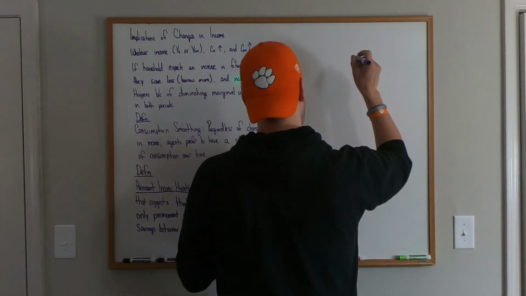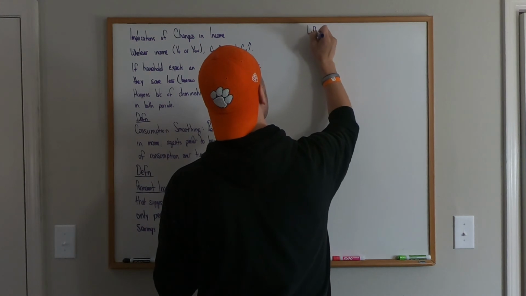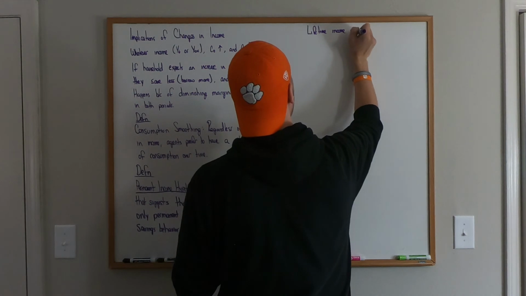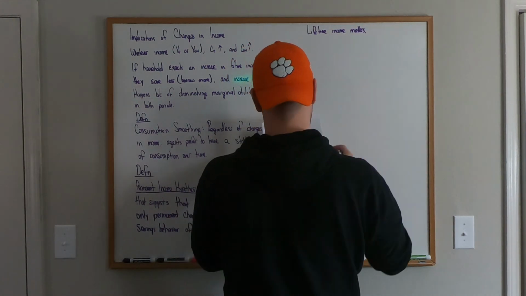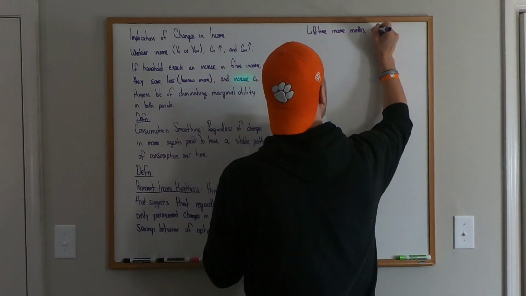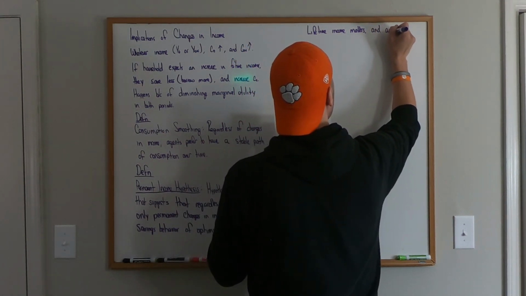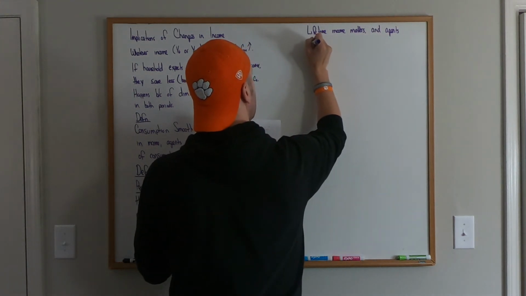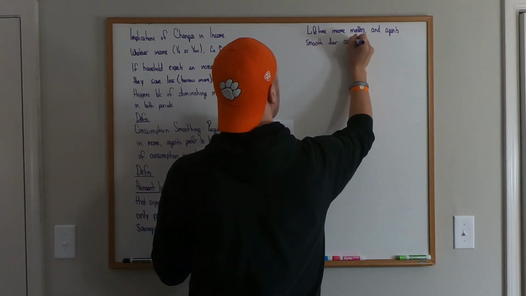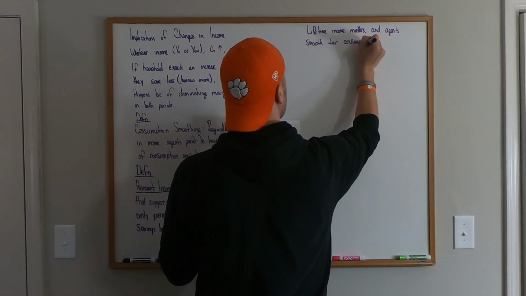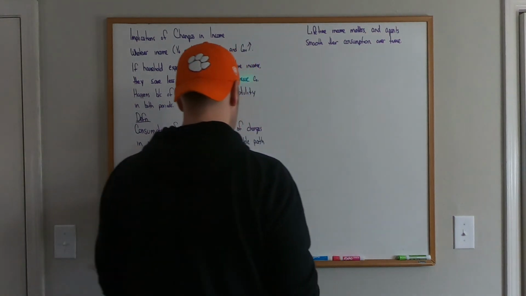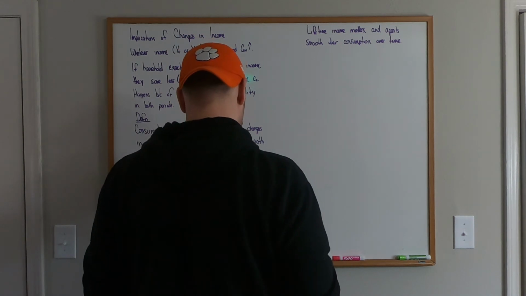Furthermore, it says lifetime income matters. That agents smooth their consumption over time.